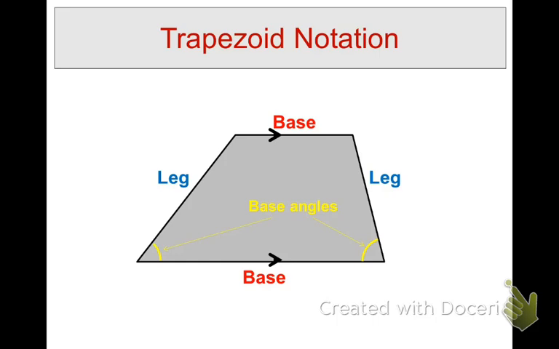But the 2 non-parallel sides are the legs. And base angles basically just have to fall on the same parallel line. So the 2 base angles I've marked are base angles because they both lie on that bottom parallel line.